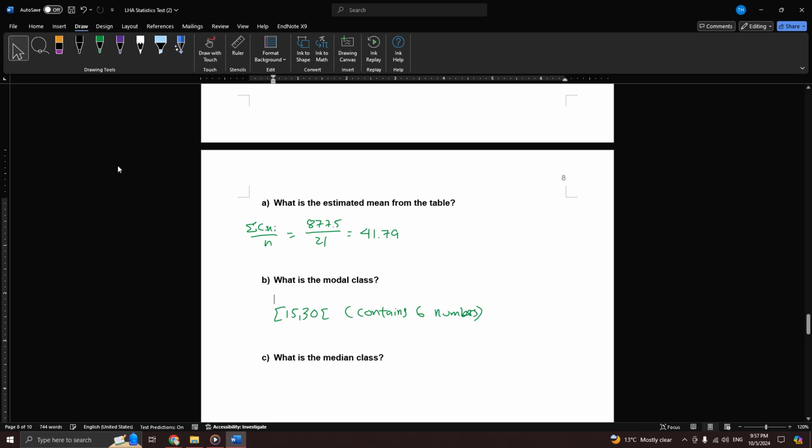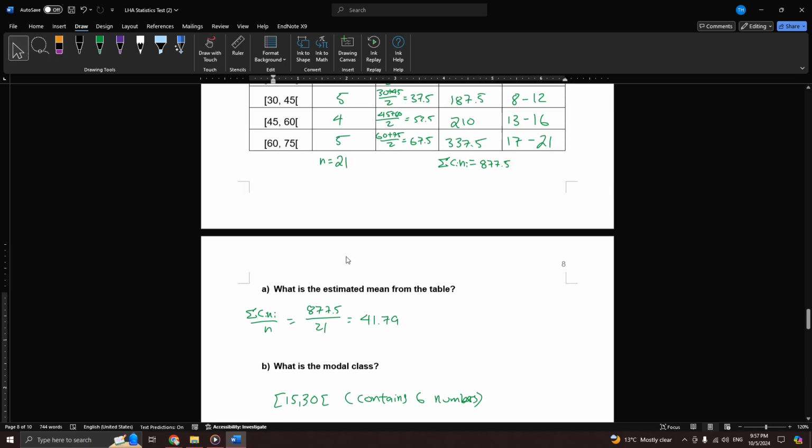Okay, what is my median class? So what's my N? N is 21, right? Remember, N is 21. That is odd. So when it's odd, all we do is N over 2. That's 21 over 2 is going to be 10.5. We round it up to the 11th position. So where is my 11th position?